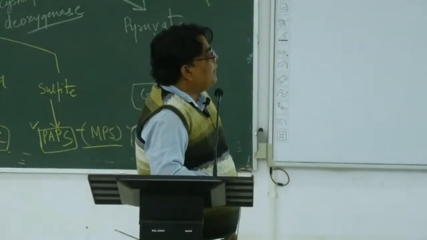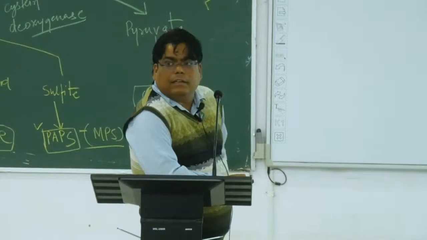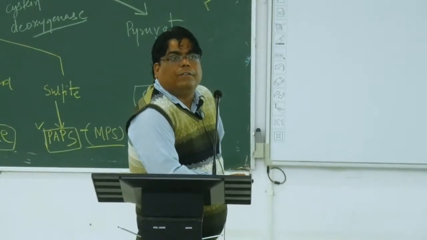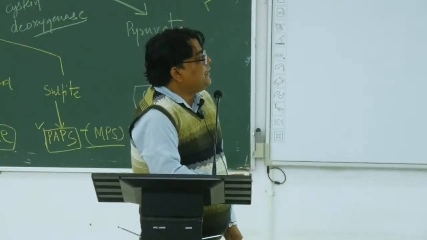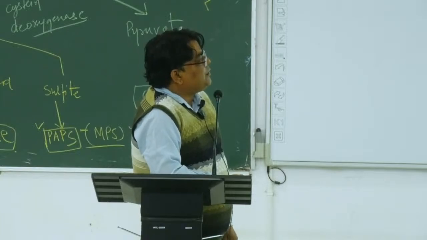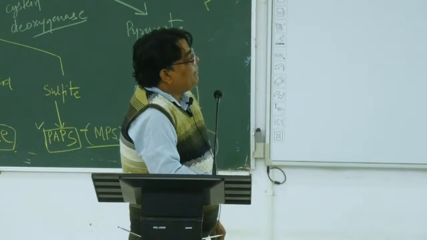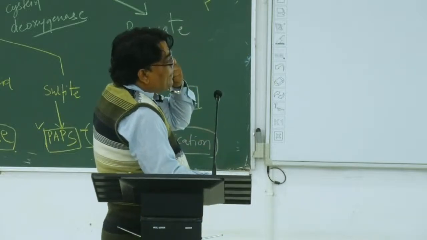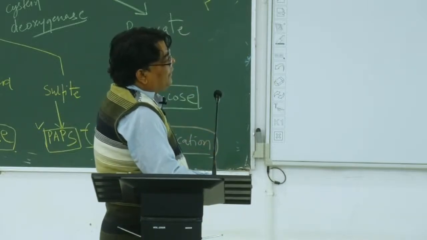Now you see one by one that cysteine. All of you see this slide, students. Cysteine is converted into beta mercaptopyruvate by the cysteine transamination reaction, and this forms pyruvate and hydrogen sulfide.